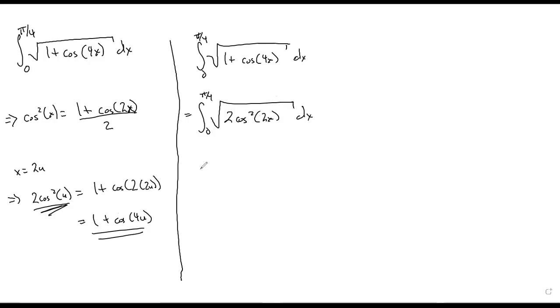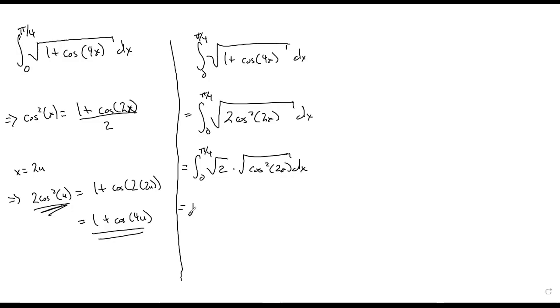That's the substitution that we made, because 2 cosine squared of stuff is 1 plus cosine of 2 times that stuff. So we've done our substitution. We've got everything worked out the way that we want. Now all I have to do is simplify down a little bit. So we have the integral 0 to pi over 4 of square root of 2 times square root of cosine squared 2x dx.